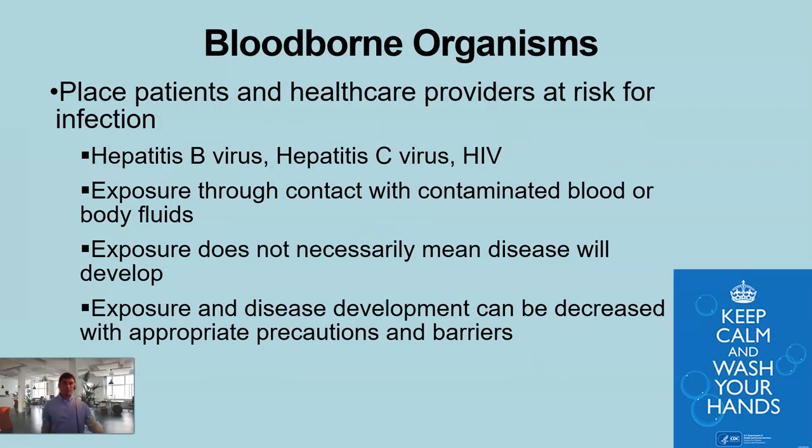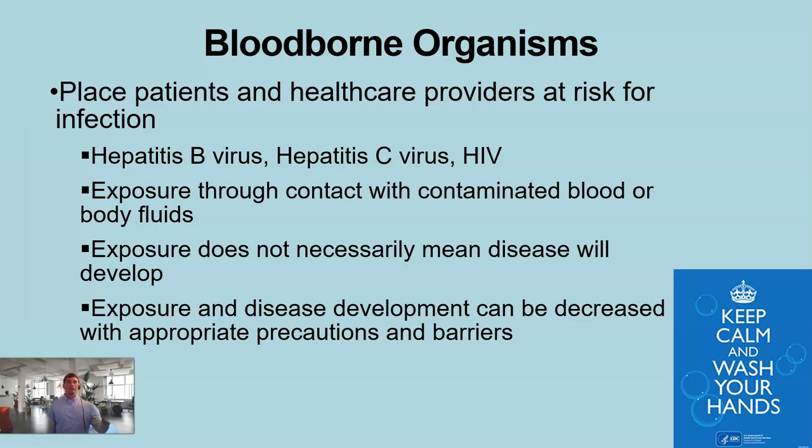Blood-borne organisms. So let's talk about blood-borne organisms. Several blood-borne pathogens can put patients and healthcare providers at risk for infection. They include hepatitis B, hepatitis C, and HIV. Exposure occurs through contact with contaminated blood or bodily fluids.